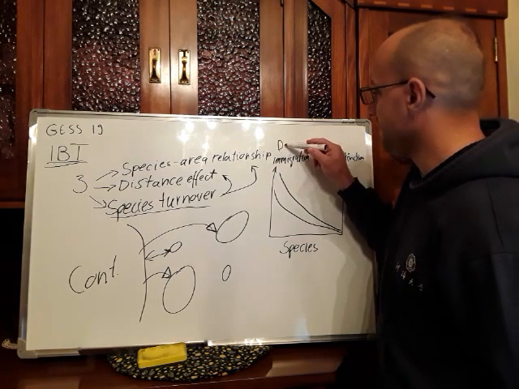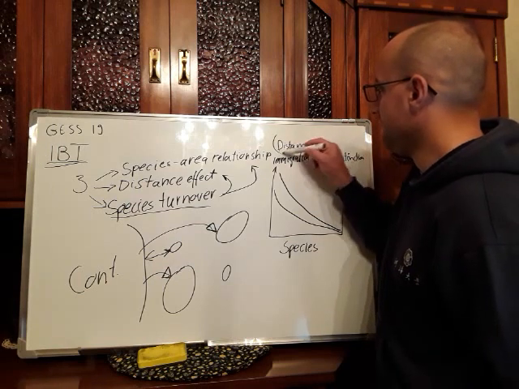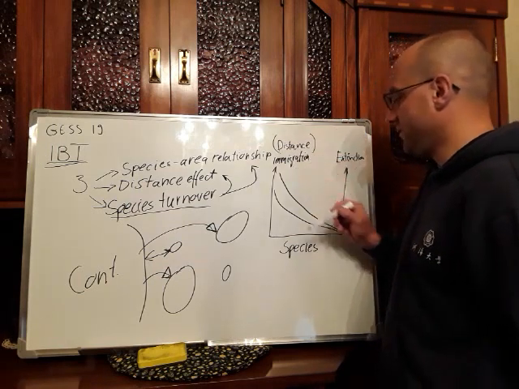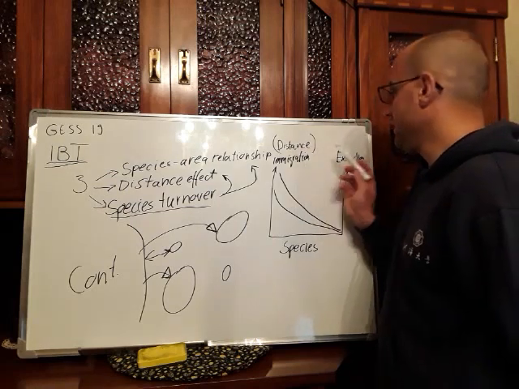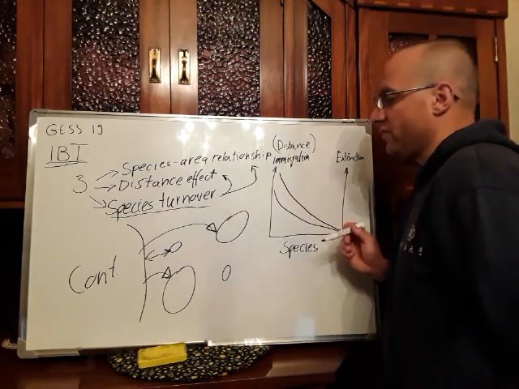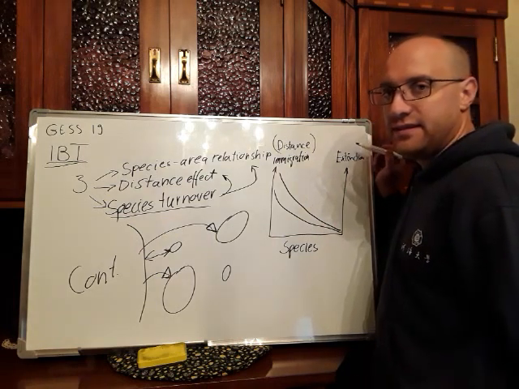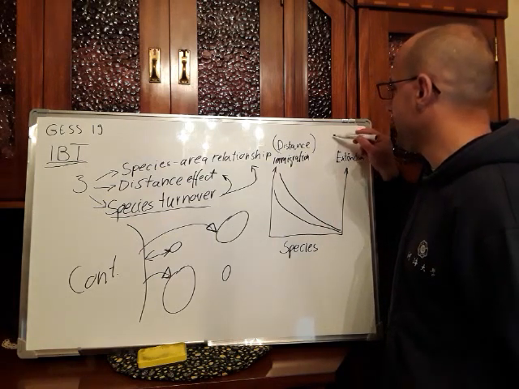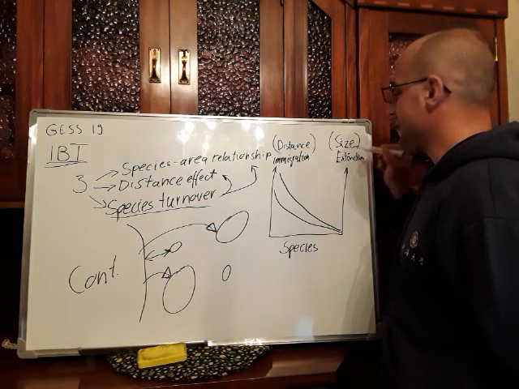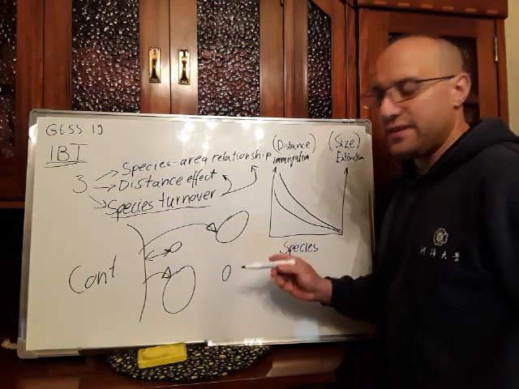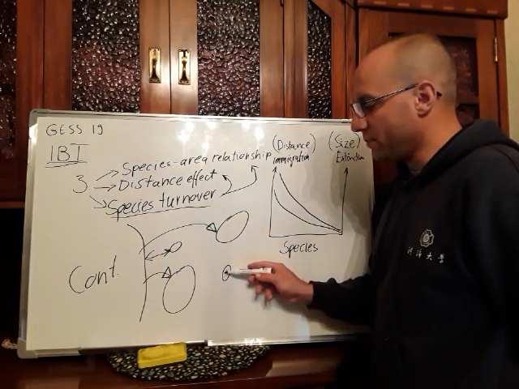So then I put here distance. So that is the main driver of immigration. Main driver, of course. Extinction can be, of course, contributing to this one. But extinction is mainly driven by the size factor, because we said if smaller islands we have, there would be more competition.